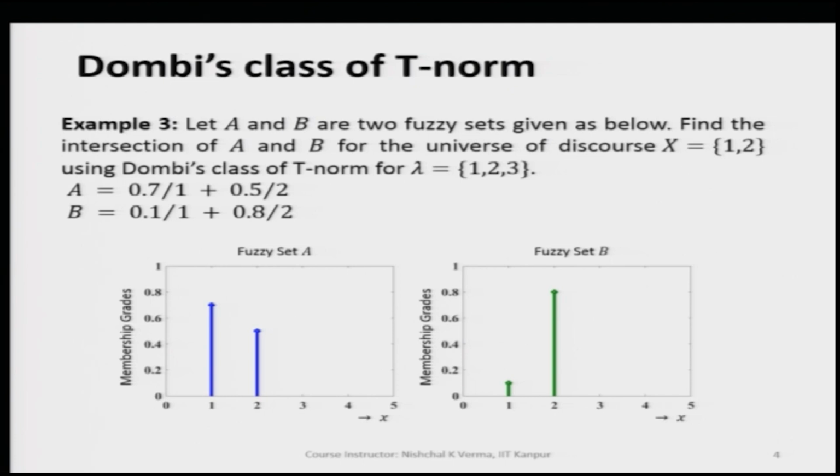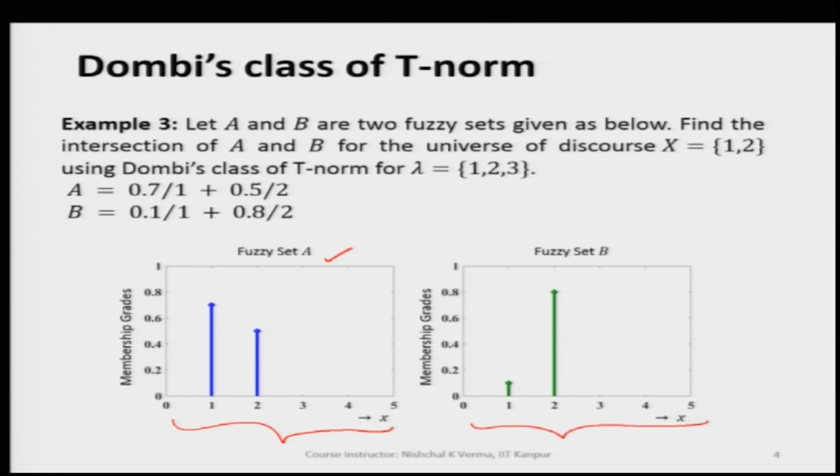So, you can see here one discrete fuzzy set, represented by this figure, and similarly another fuzzy set B, represented by this figure.